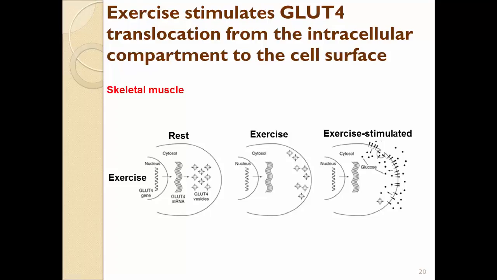This also tells us why we encourage type 2 diabetic patients to do more exercise to improve glucose conditions, because exercise can increase muscle glucose uptake. Even if you have insulin resistance and insulin doesn't work very well, muscle contraction can also stimulate glucose uptake, right?